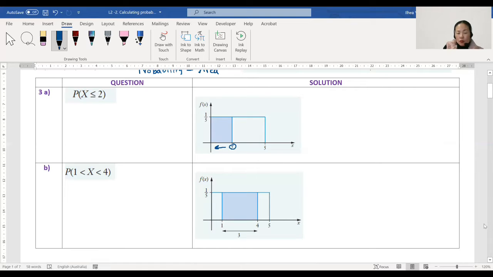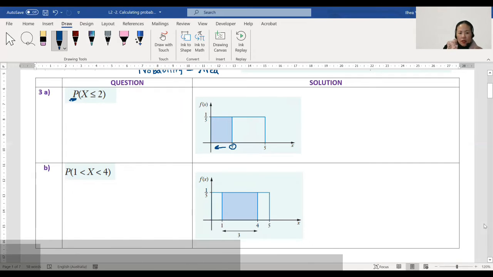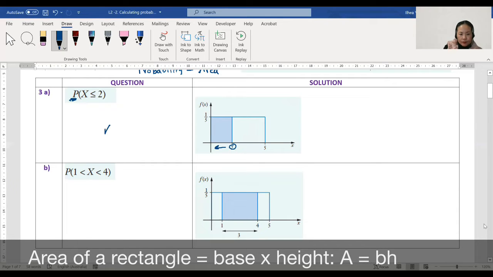Now, I told you the probability is the area. So this looks like the area of a rectangle, doesn't it? So what's the area of a rectangle? Length times width. In here, my length is 2, my width is 1/5.